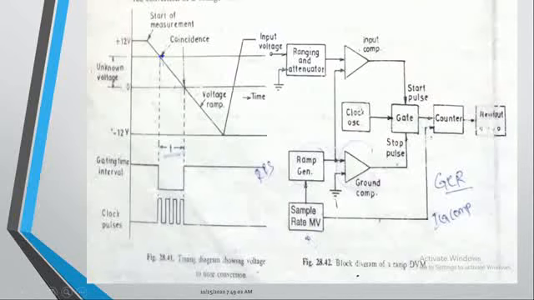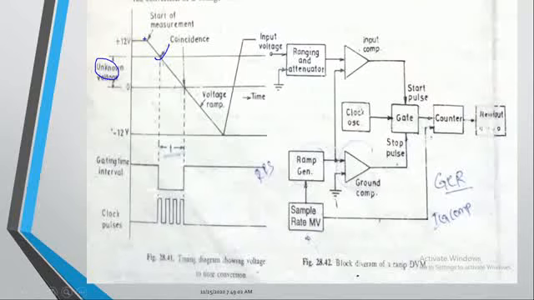Wherever the known signal amplitude equals the unknown signal amplitude, it will tick this particular point. The ramp signal keeps on reducing, moving from plus 12 to minus 12 volts.